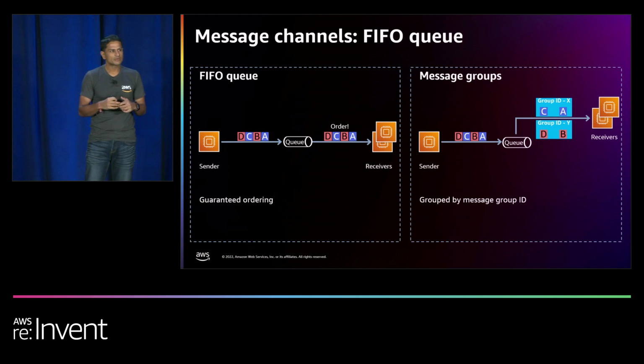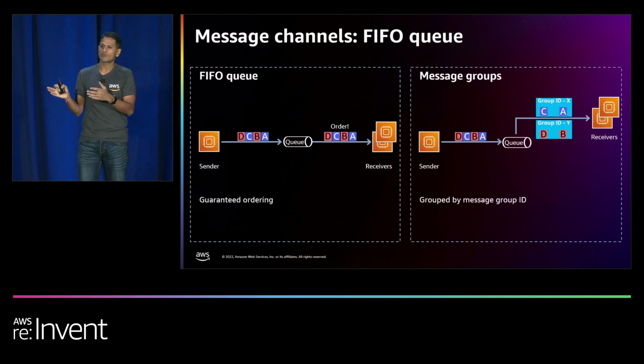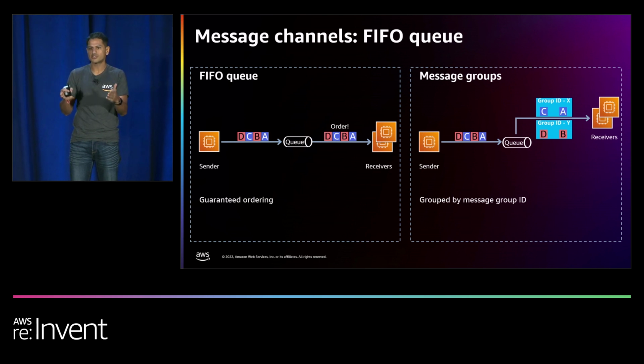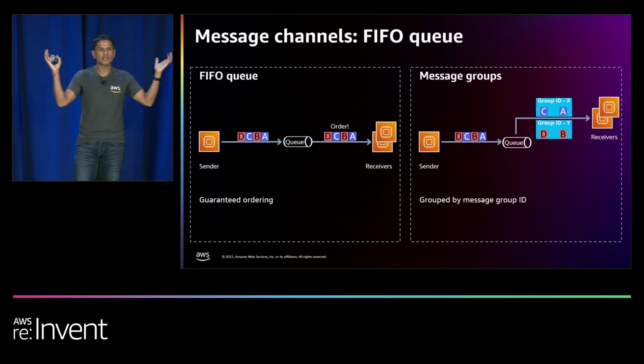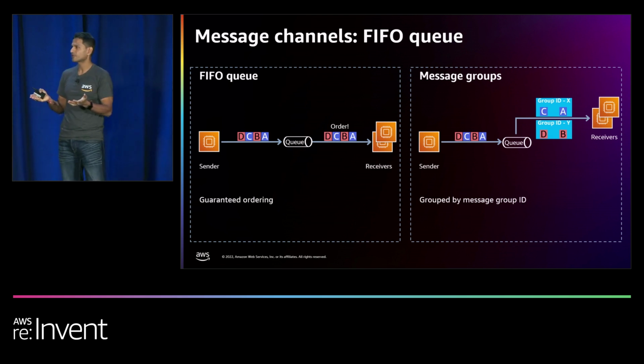Now, within your application, not every message needs to be processed sequentially, because that's going to cause issues from a performance standpoint. To give you an example, in an e-commerce application, you're managing user updates. All the changes that belong to a single user should be processed sequentially, but the changes across the user base could be processed in parallel.